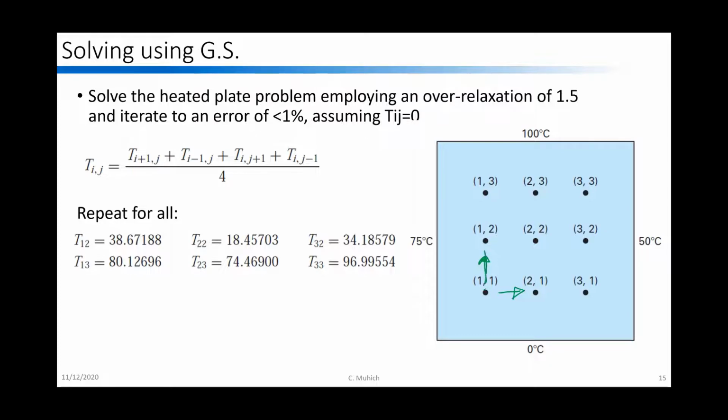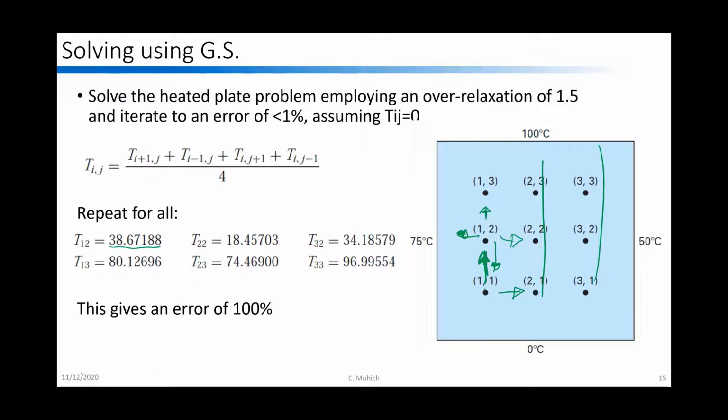But let's say we go up to point 1,2. I would look left to 75 degrees, I would look down to that 28 degrees, look right to 0, look up to 0, and I would get a value of 38 degrees C. I can then go up to 1,3, that would give me 80 degrees C, and then I can continue on looking at each of these points in turn.